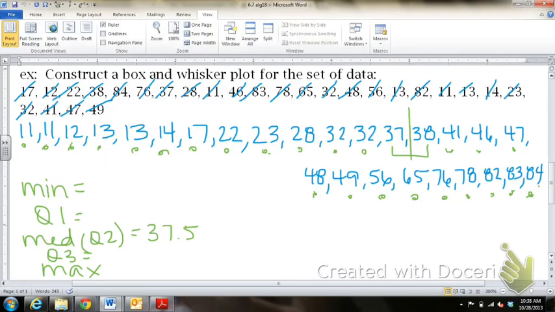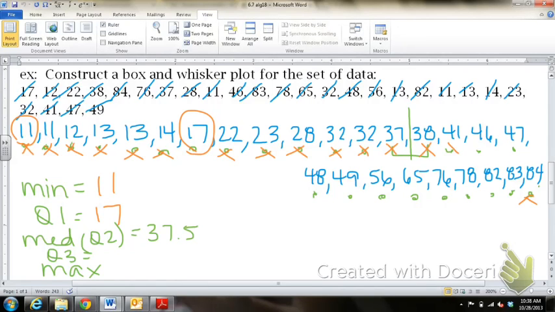So now my first quartile is the median of this lower half of numbers from 11 to 37. So let's change color so we can do that. Okay, so 1, 2, 3, 4, 5, 6. Okay, so here's my first quartile. Here's my minimum number.